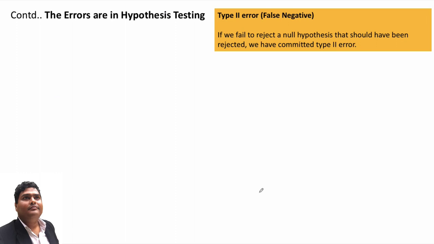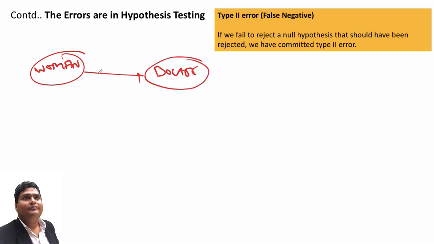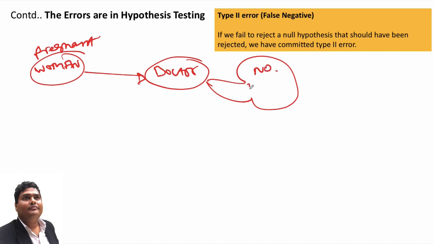Now when we talk about the false negative or the type 2 error, if we fail to reject a null hypothesis that should have been rejected, we have committed a type 2 error, right? So let's take an example. A woman has gone to a doctor, but actually she is pregnant. Let's say she is a pregnant woman. Be very, very precise, right? So one pregnant woman has approached the doctor, but after examination, the doctor is saying no pregnancy.